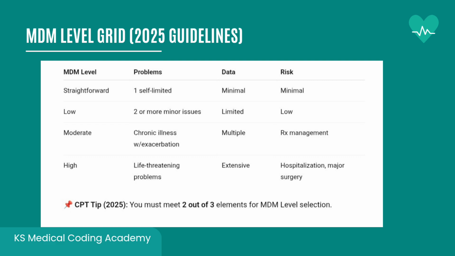Low: 2 minor issues or 1 stable chronic condition, limited data, low risk. Moderate: 1 or more chronic illnesses with mild exacerbation, or an acute illness with systemic symptoms, multiple data points reviewed, and prescription drug management. High: serious problems like acute or chronic conditions with severe exacerbation, extensive data reviewed, and high-risk management like hospitalization or emergency surgery. Again, remember, 2 out of 3 elements must meet the level criteria.